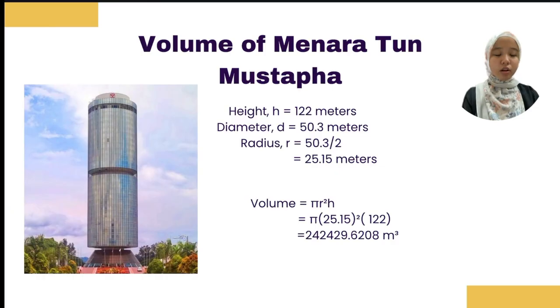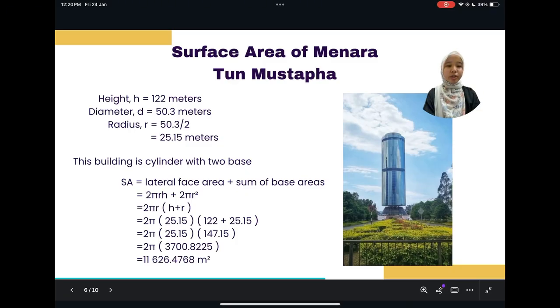After we get all the values, we can substitute them in the formula and the volume of this tower is 242,429.6208 meters cubed. In this part, we are going to find the surface area of this tower. Tun Mustapha's tower is a cylinder with 2 bases.